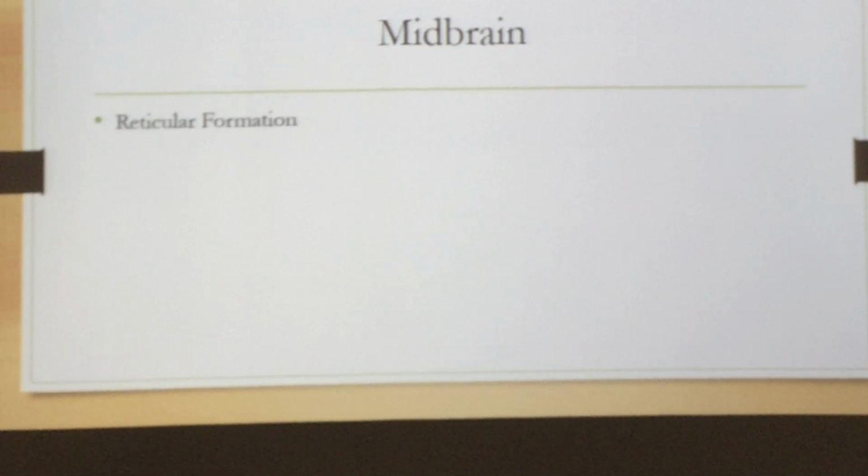The problem with the reticular formation, if something happens and causes it to close the gate, you can be in a permanent coma. That can cause somebody to be in a permanent coma. And so the reticular formation is our friend.